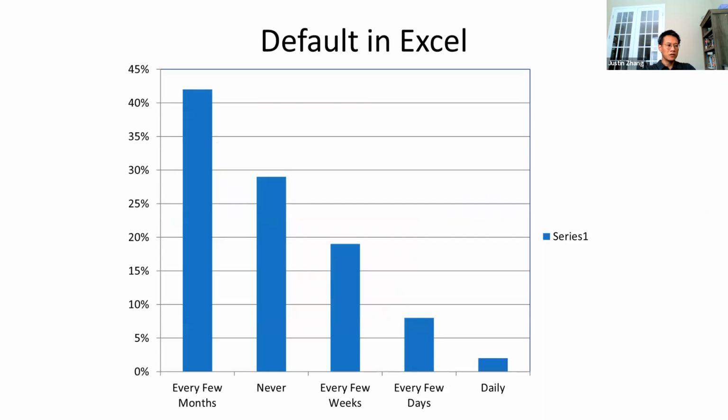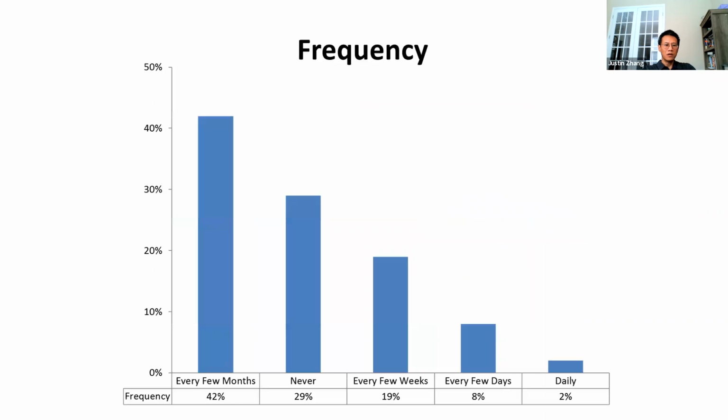This is a default bar chart in Excel. We notice the increments of the y-axis by default, and the name on the color legend, series 1, are not very useful. So we can clean this up a little bit and add the data labels in Excel.